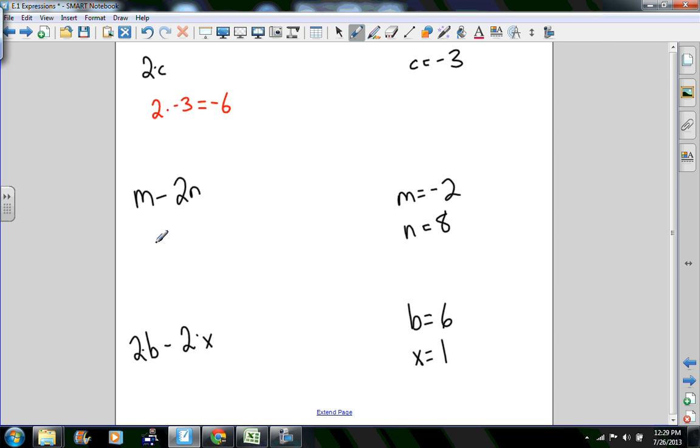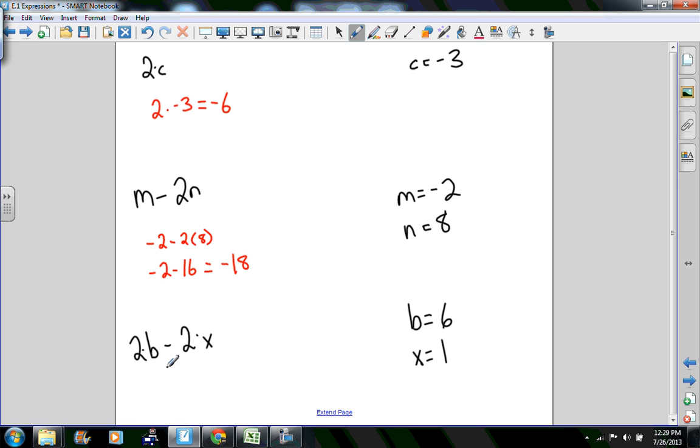So this one, m is -2 minus 2 times 8. Now I'm going to start writing these parentheses instead of the dot. I think it's easier to see that way, but they mean the same thing. It really doesn't matter. So this becomes -2 minus 16, and that is -18.